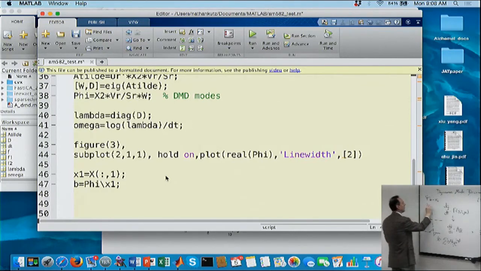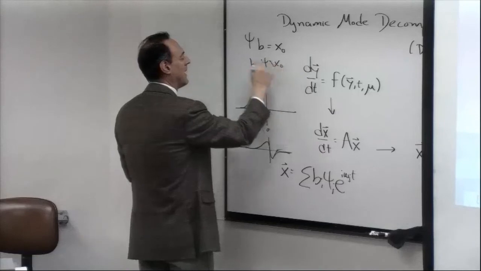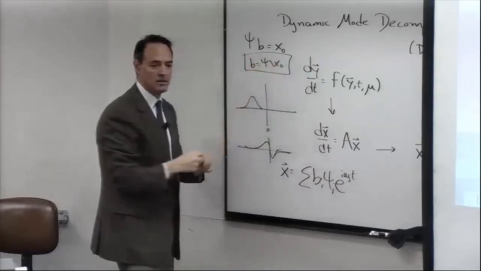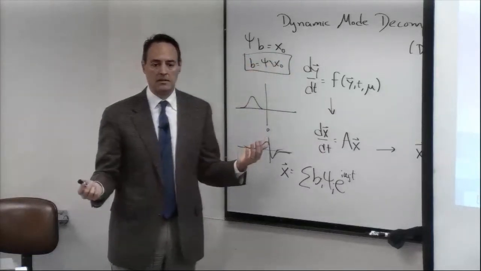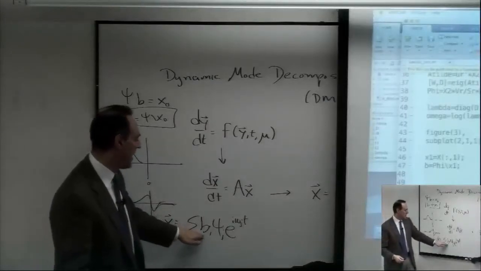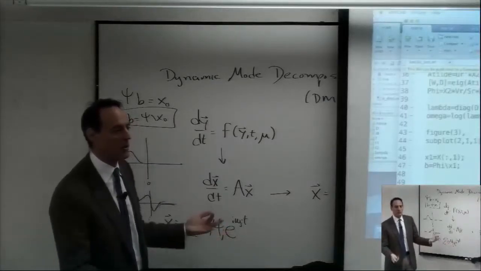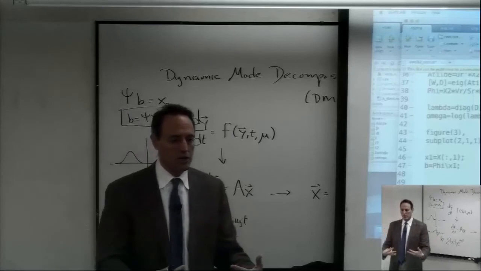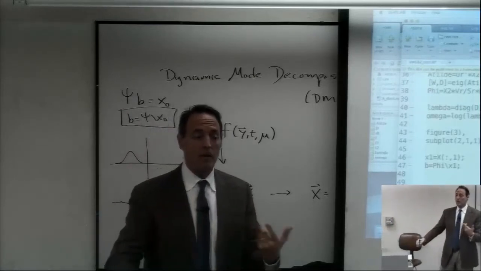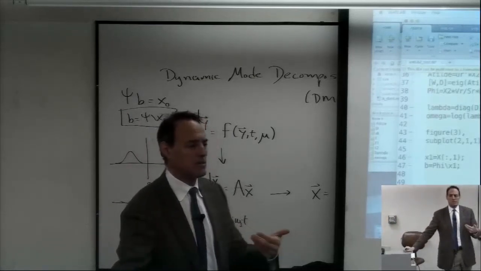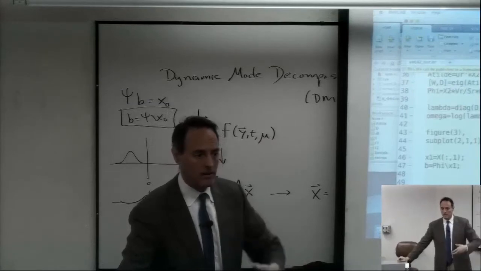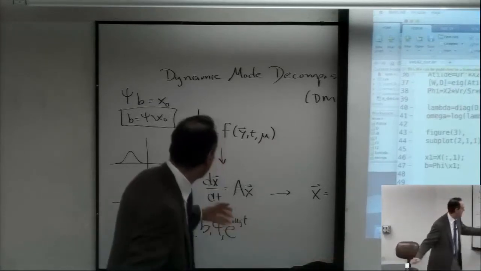And at this point, what we're going to do is just do the standard MATLAB thing with the backslash to get the b. This tells you essentially how much of each mode is going on. At time 0, here's your thing, project it to there. Hey, by the way, why not project this on some other time? You could, right? How about time 1 or time 2? You could put in a different time here.